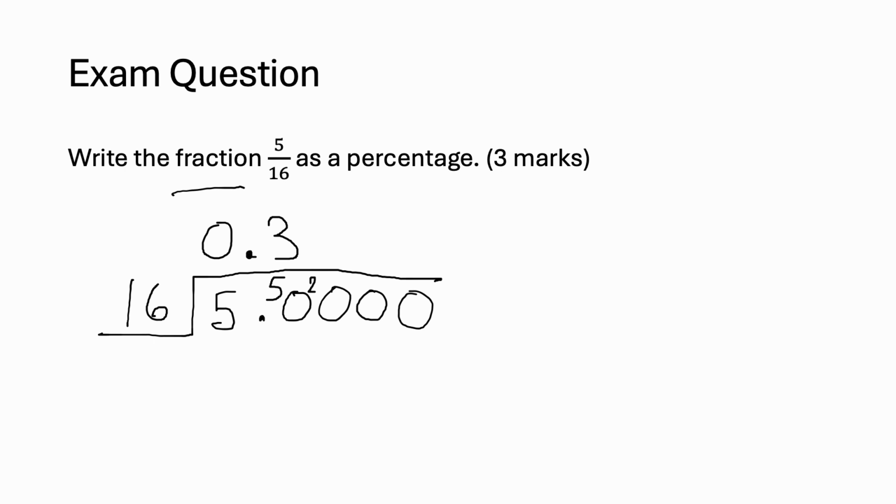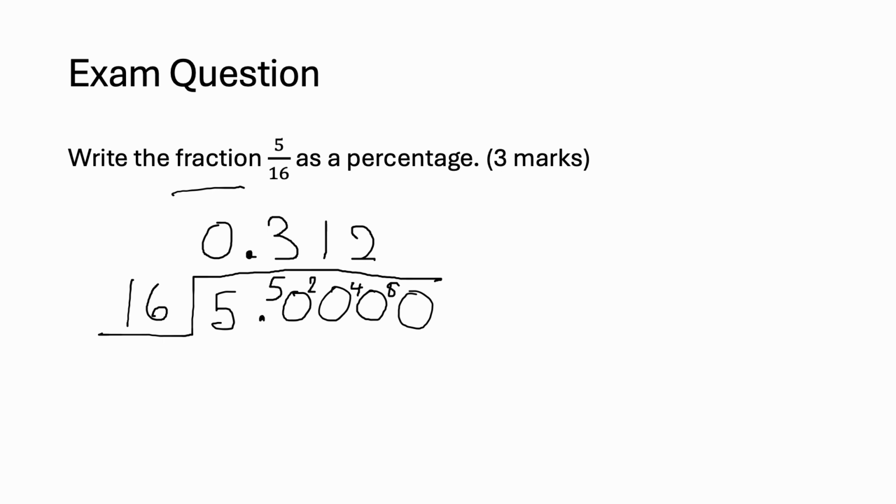How many 16s go into 20? 1, and that remains 4. How many 16s go into 40? That is 2. 2 times 16 is 32, and that remains 8.